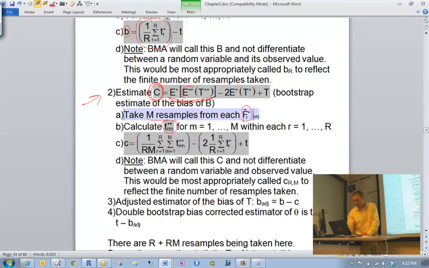To do this first expected value, we need to calculate the average for the Rth resample of these T star star RMs. Then to get the outer expectation, that's where we average over the R resamples themselves.